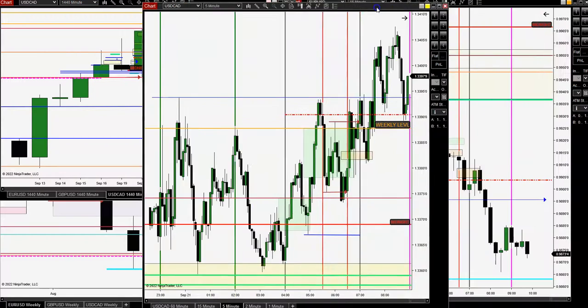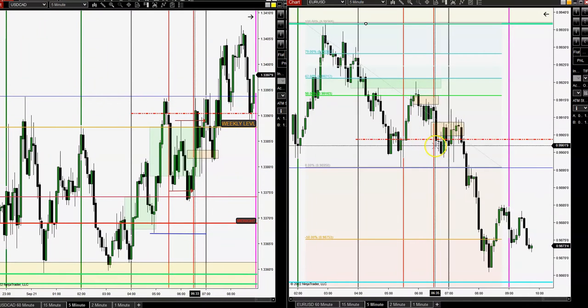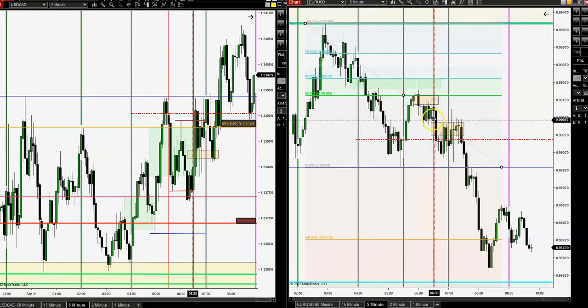I would have loved for Euro Dollar at stock market open to push a little bit higher, maybe up in this area. Obviously, that was just too rich for the market to get up there. Instead, it actually went in the direction where it was supposed to go. It did rally a little higher into this fair value gap, and then it headed lower, and you can see that it still went in the direction where I was expecting it to go.